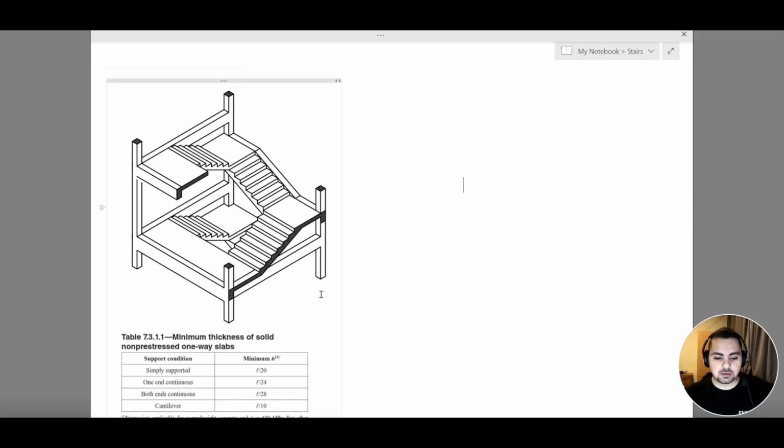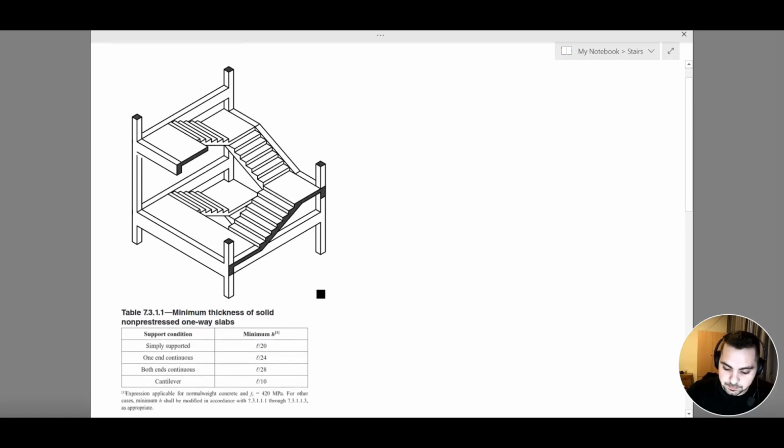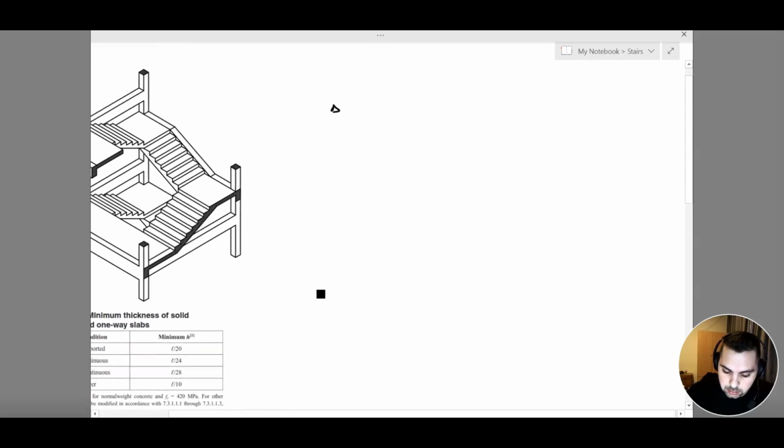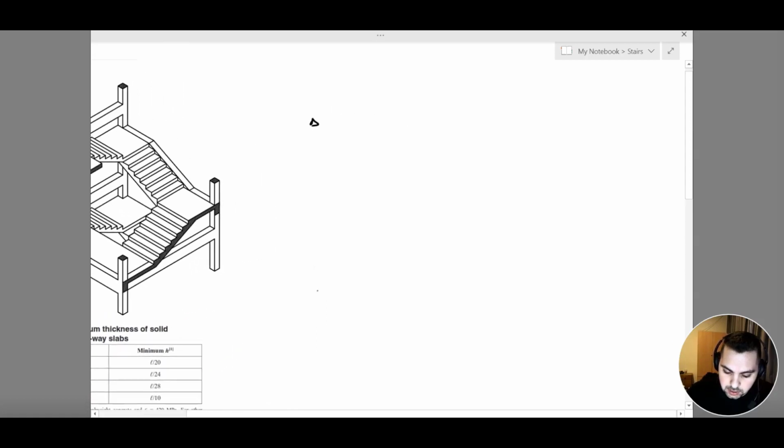Now, we can draw our stairs as different components. We can draw our stairs either as a shell element or as a frame element or beam, so basically as a 2D element. It goes something like this. We have our support, then we have our landing, stairs, landing, and another support here.